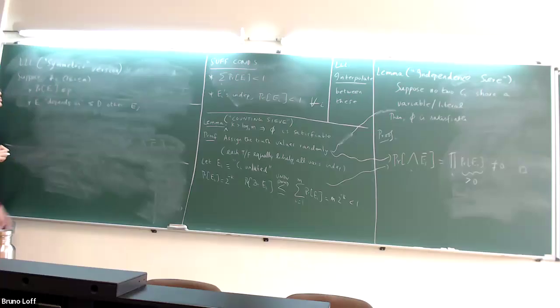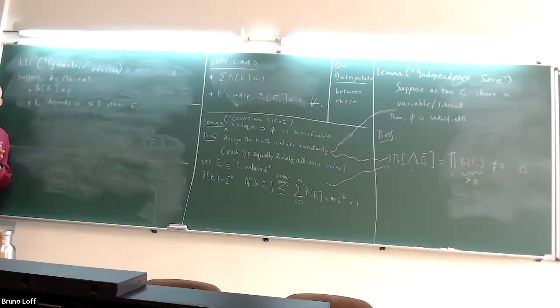So suppose you have these two uniform bounds. For all of your events, there is a uniform upper bound P on the probability of the event happening. There is a uniform upper bound D on the number of other events that this event depends on.